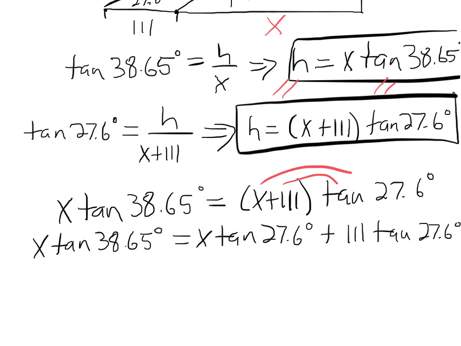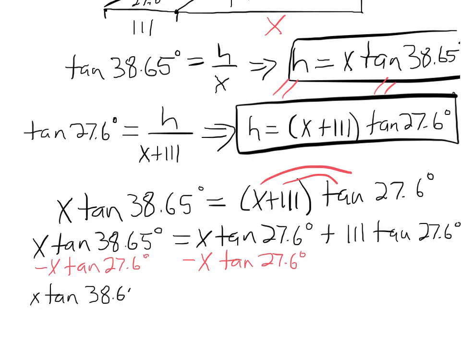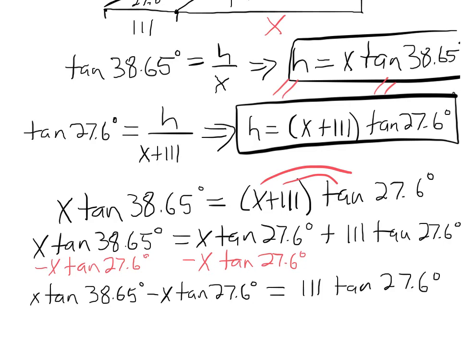We're trying to solve for x, so I'm going to subtract this term, the x tangent 27.6, to the left, so the x's can reside on the same side of the equation. This is the most algebra I've done for a while in trig. We now have x tangent 38.65 degrees minus x tangent 27.6 degrees equals 111 tangent 27.6 degrees. Closer still.